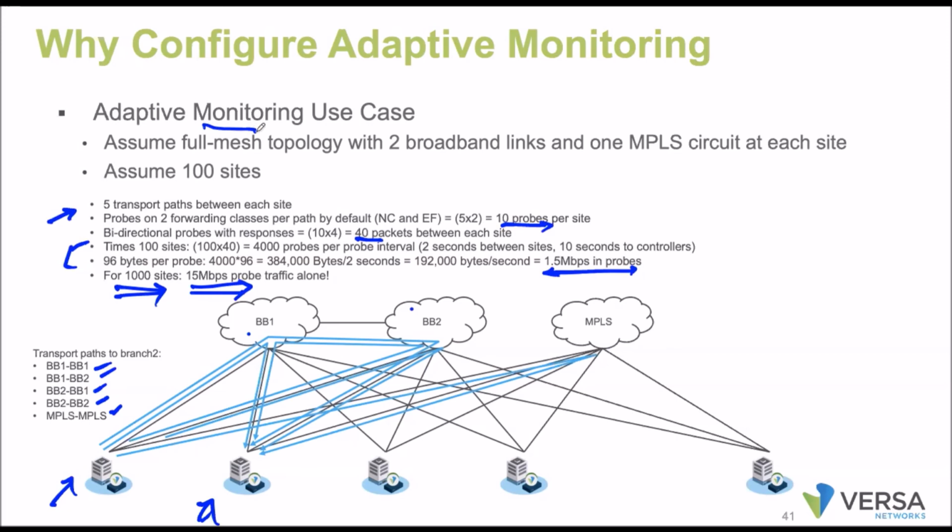That's the reason you wanted to go ahead and enable this adaptive monitoring. So for 1,000 sites, it's going to use 15 Mbps of traffic.